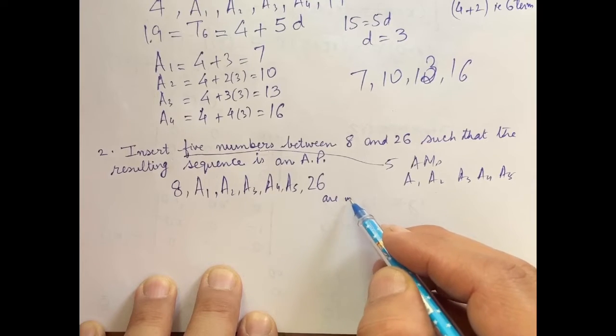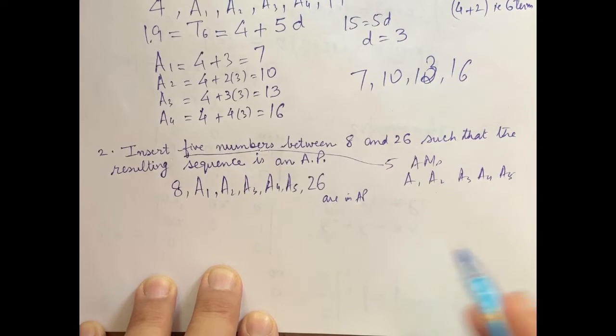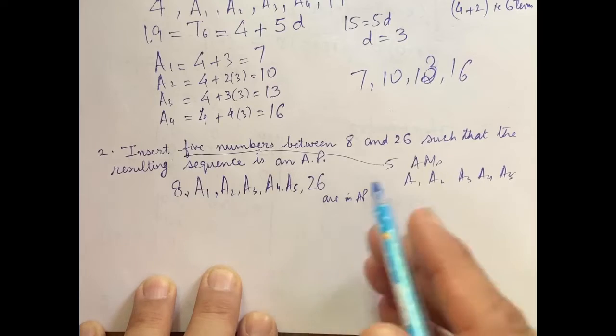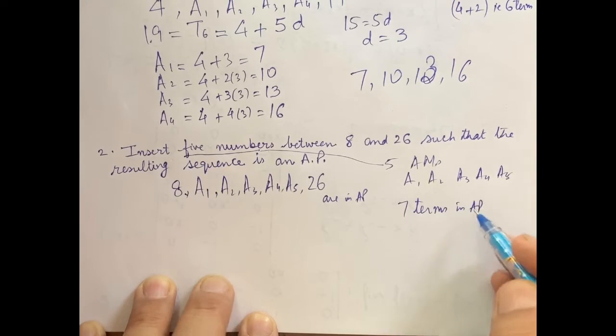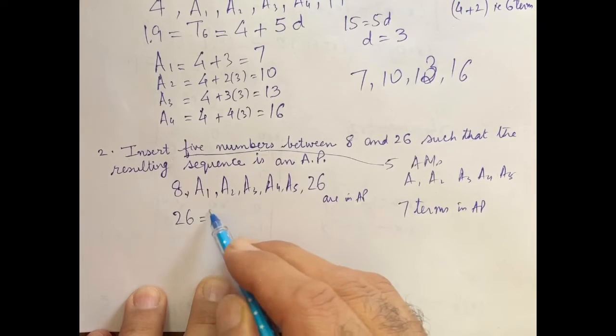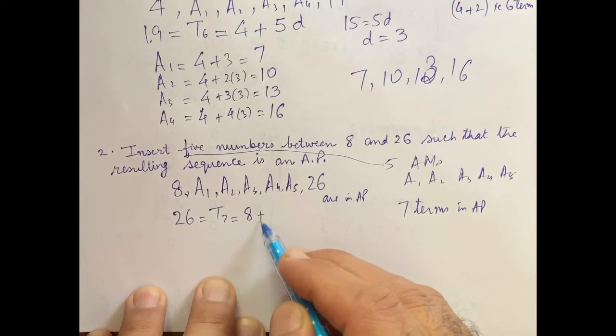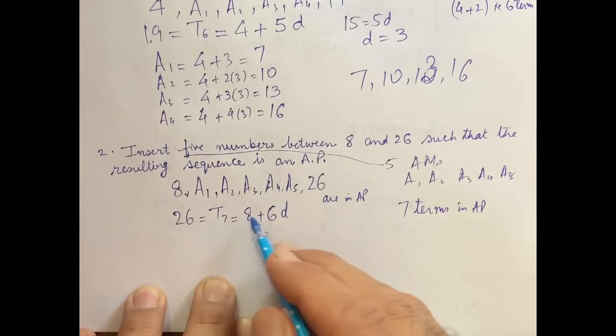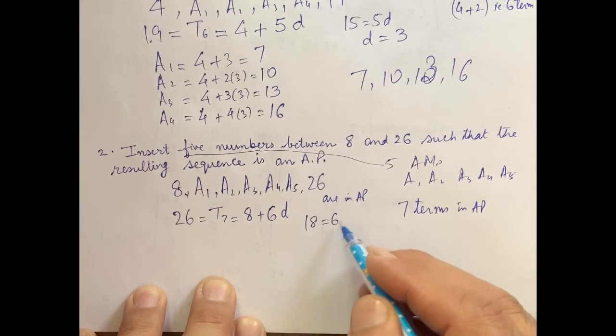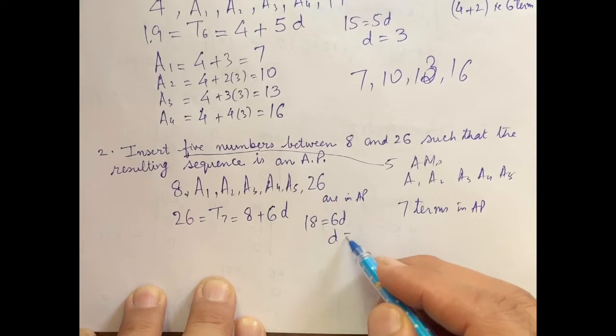These are in AP. So these are 5 plus 2, 7 terms in AP. And what is 26? That is the 7th term. It's 8 plus 6 times d. 26 minus 8 is 18, equal to 6d, or d is equal to 3.